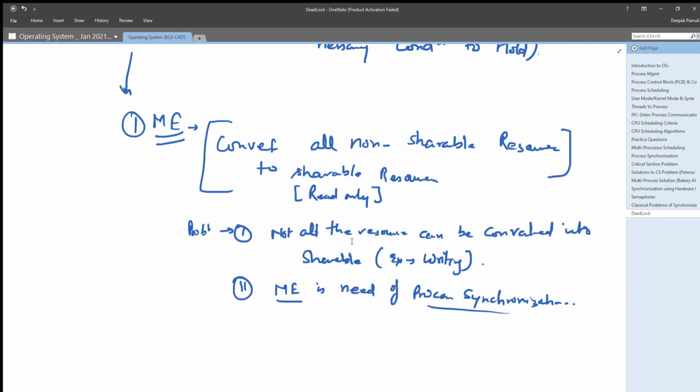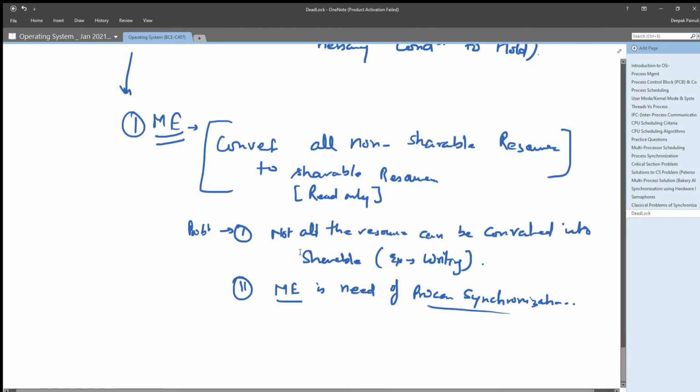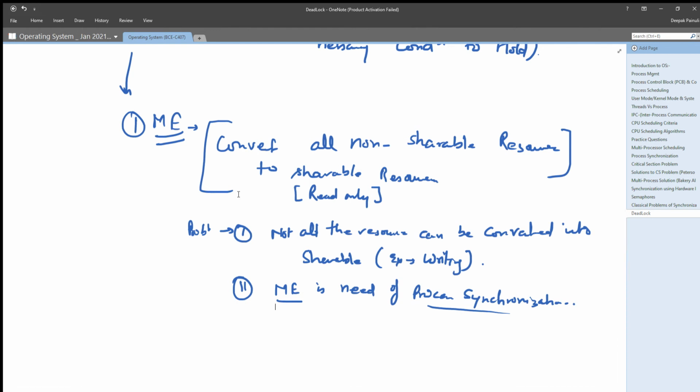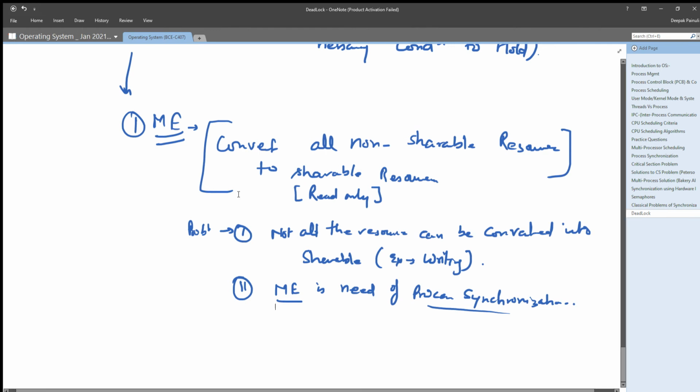If for deadlock handling we prevent mutual exclusion, we are ignoring process synchronization, which directly creates undesirable results for shared variables.